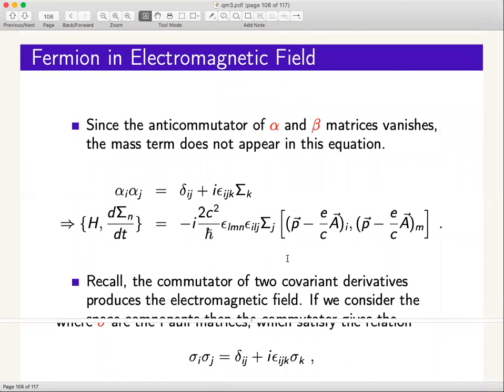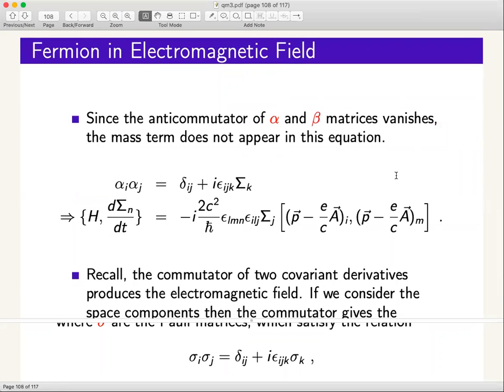Okay, so now what we are going to do is to use the commutator of two covariant derivatives. Okay, but any questions here? Yes, straightforward manipulations, you could do them, it will take probably 3 or 4 steps in between. Maybe not even that.